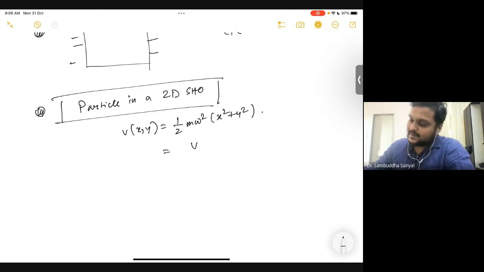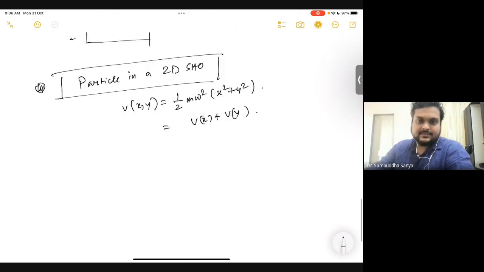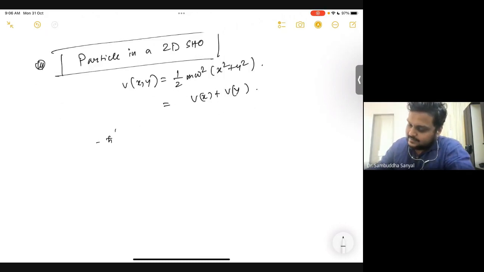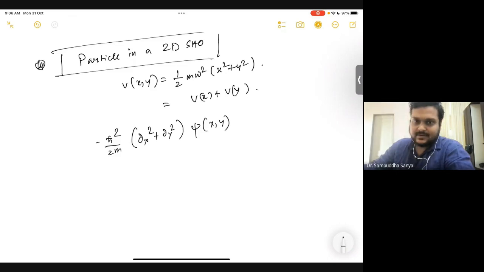Now this is a separable potential. This is Vx plus Vy. Therefore, I should be able to play the same game. It turns out that the form is the same principle, same idea, but of course I am not going to repeat the harmonic oscillator series solution and whatnot.